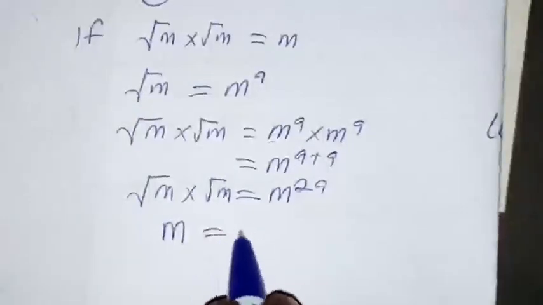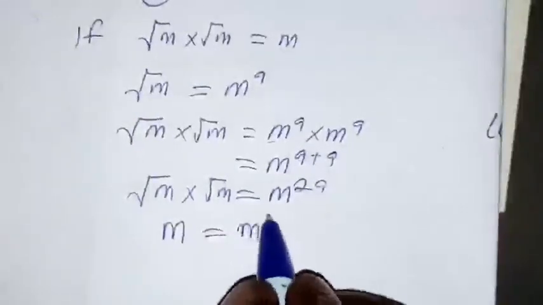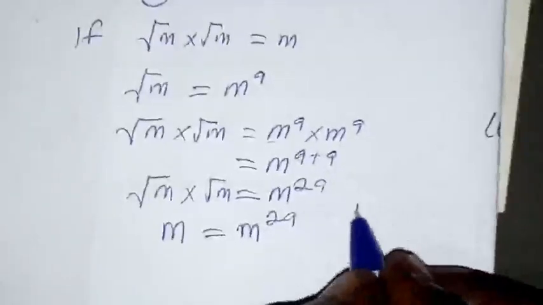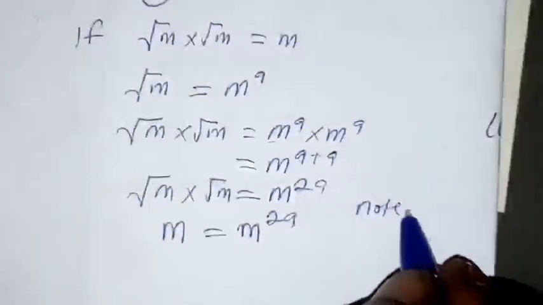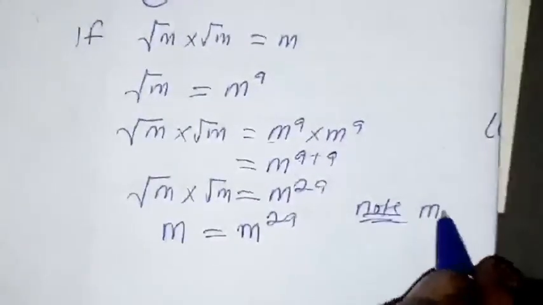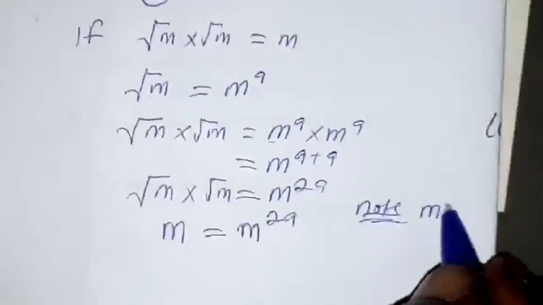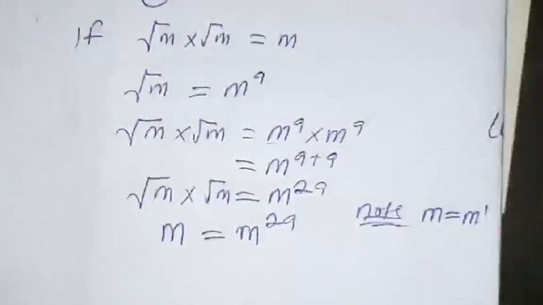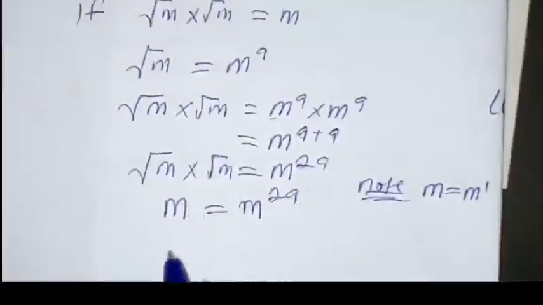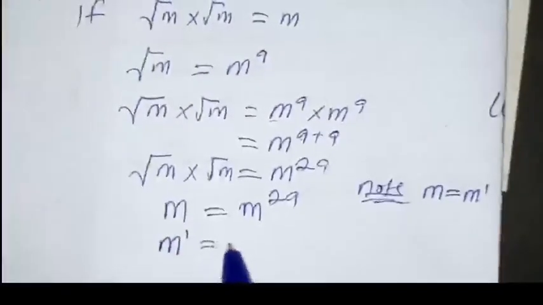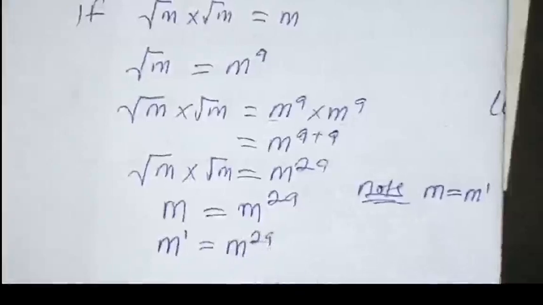This is equal to m to the power of a. And note, whenever a number has nothing as a power, it is just the same thing as having power of 1, because anything with power of 1 is the same thing as that number. Therefore, here it's just the same as m power of 1, which is equal to m power of 2a.